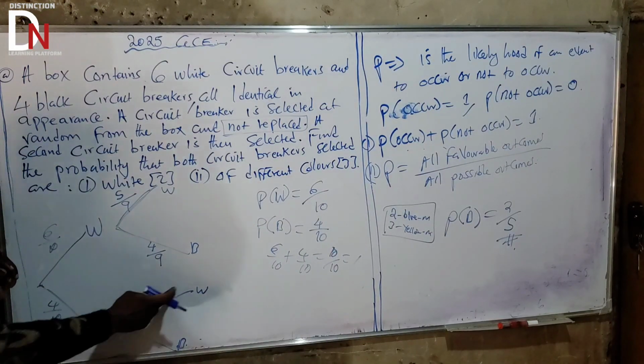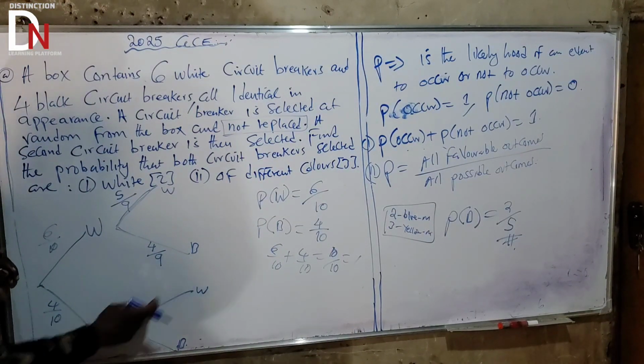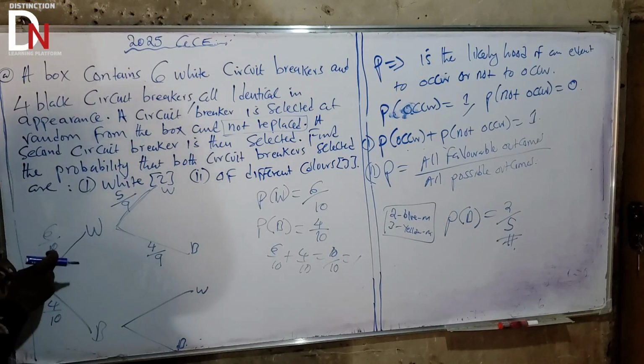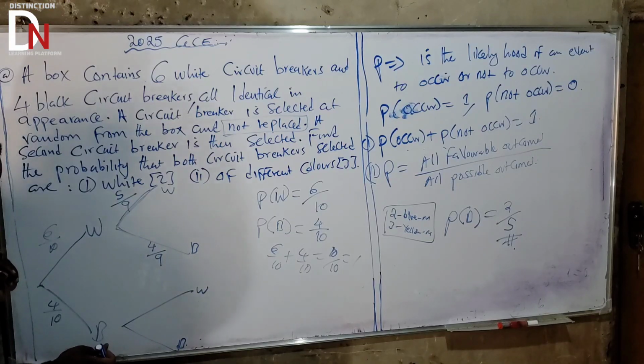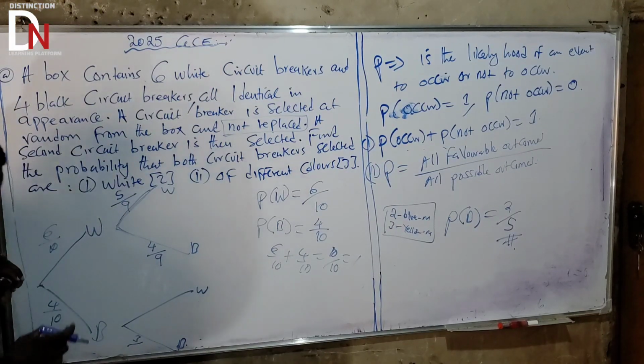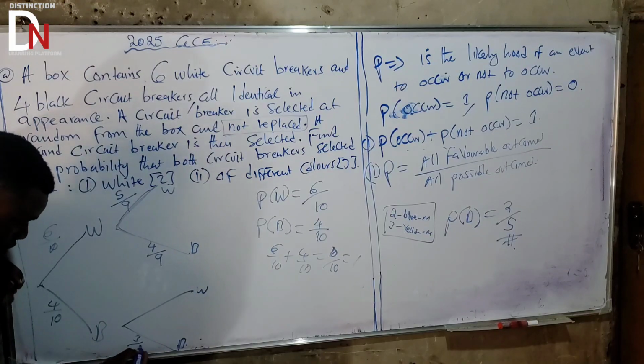If I want, I would have started with 6. I know that here, if I were to get 1, the total number here, which is 10, should change. Or what you can do, you can start with black, like I select a black, so you remain with 3. Out of this, the total number will change from 10 to 9.